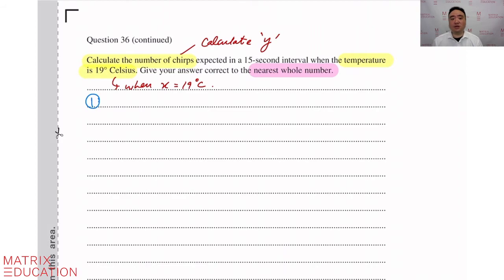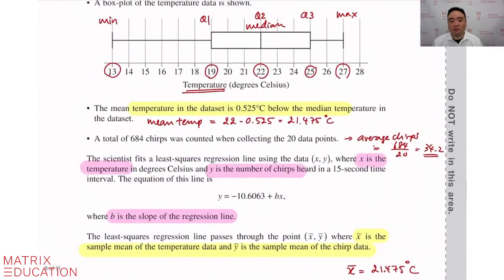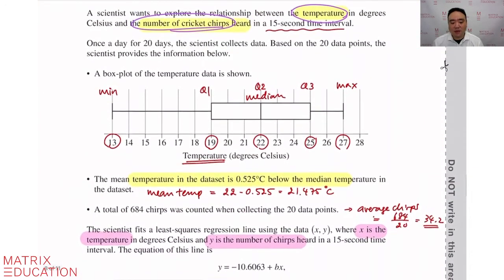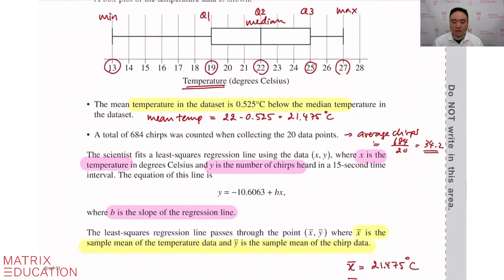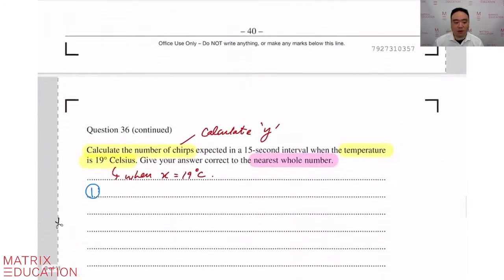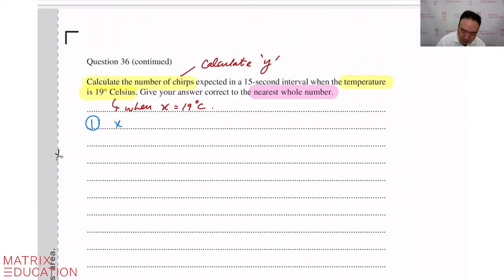Number one, let's go back to what we've analyzed. We have that the mean temperature, x bar, is 22 minus 0.525, which is 21.475 degrees Celsius.